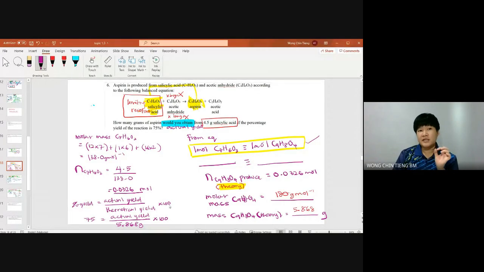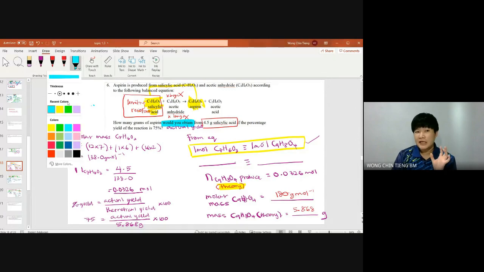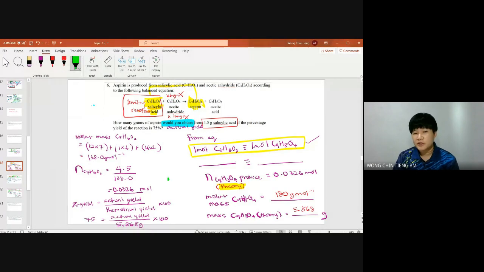A bit of tips. Actual yield dengan theoretical yield ni, kalau perasan, teacher tak letak unit tau. Boleh guna gram, boleh guna mole. Kadang-kadang soalan bagi terus dalam mole, tak payah tukar gram, tak payah cari molar mass. Actual yield boleh dalam gram per gram ataupun mole per mole. So berhati-hati.